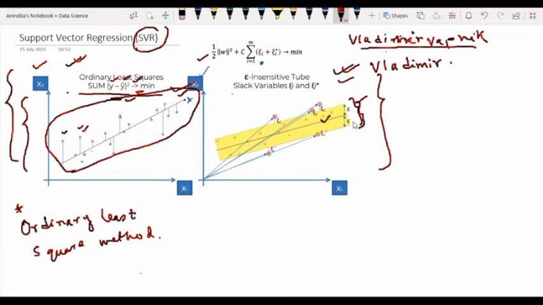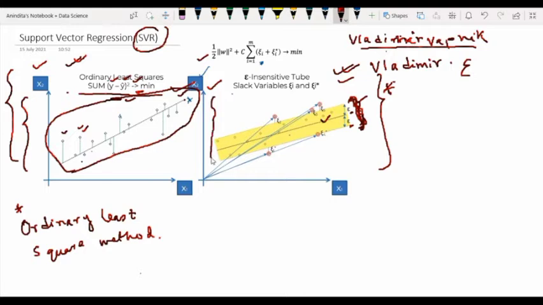Now we have to understand the purpose of this yellow tube. This is the main concept, so pay attention. This tube has a width epsilon. This is the width of the tube, depicted by epsilon, and it is measured vertically along the x2 axis.